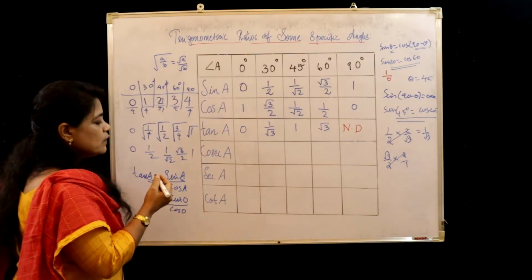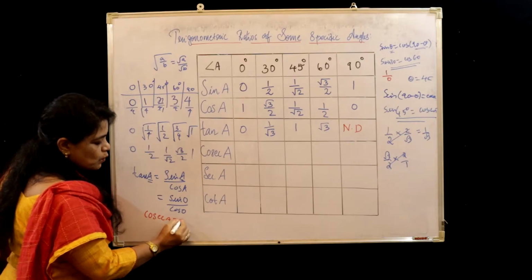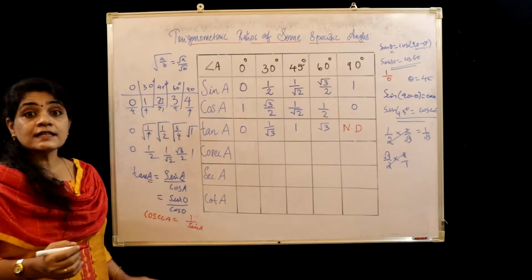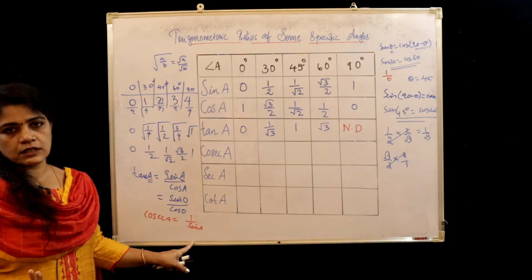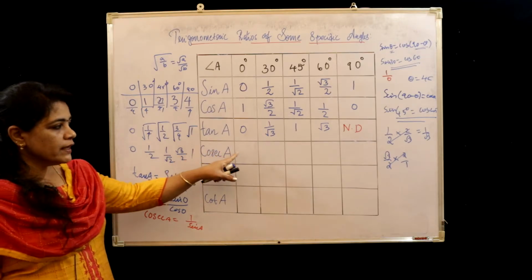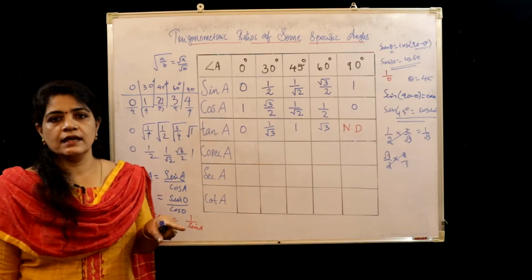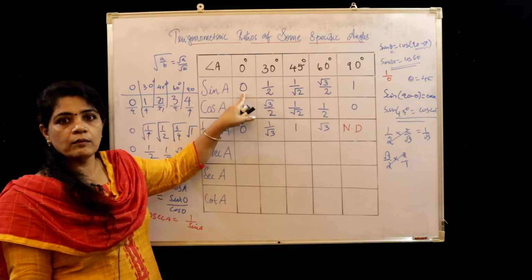See children, we know that cosec A equals 1 by sin A, because of the reciprocal relation. Vice versa, sin A equals 1 by cosec A, both are the same. But in order to get this row, cosec A equals 1 by sin A. Here, cosec 0 is 1 by 0.